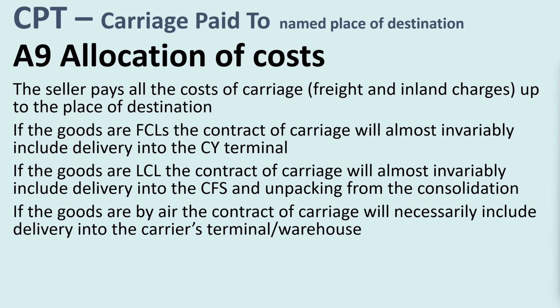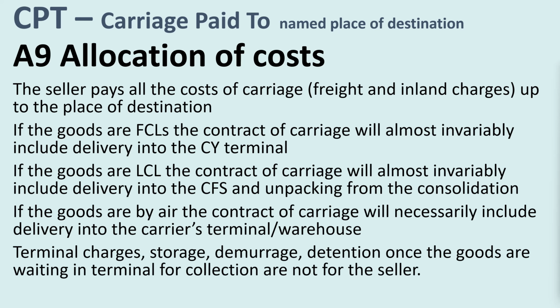If the goods are by air, the contract of carriage will necessarily include delivery into the carrier's terminal or warehouse from the aircraft. Terminal charges, storage, demurrage, detention, once the goods are waiting in the terminal for collection, are not for the seller.